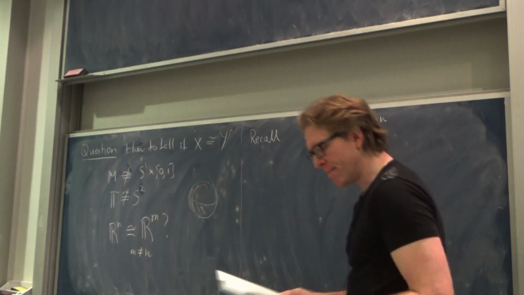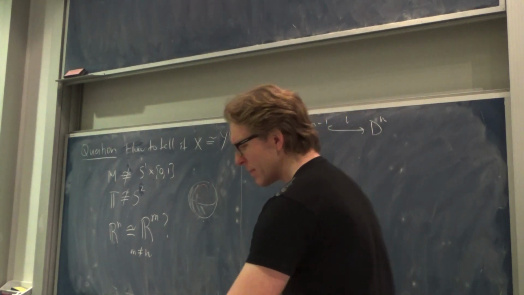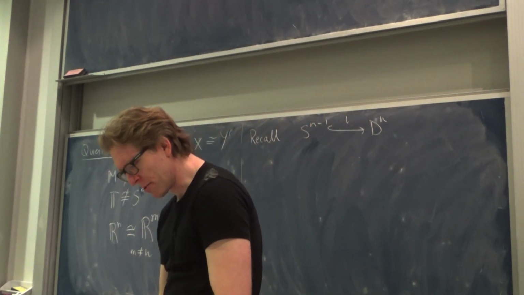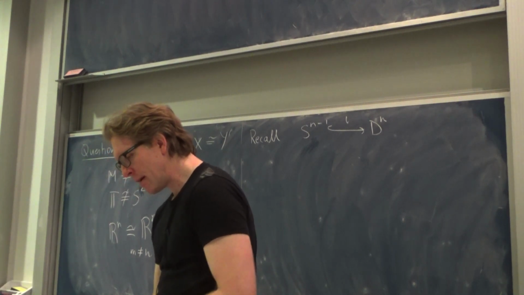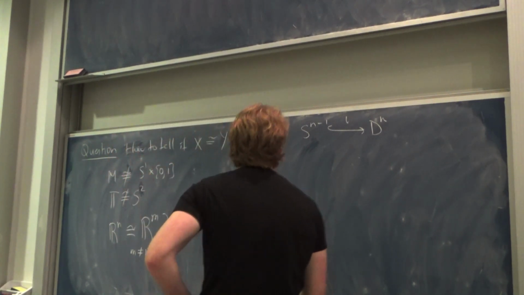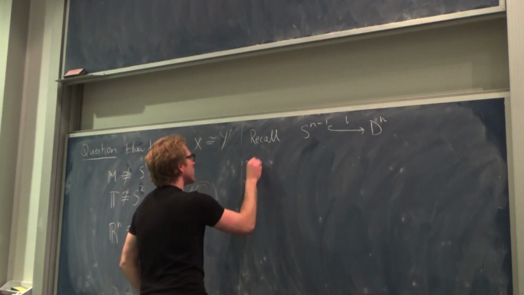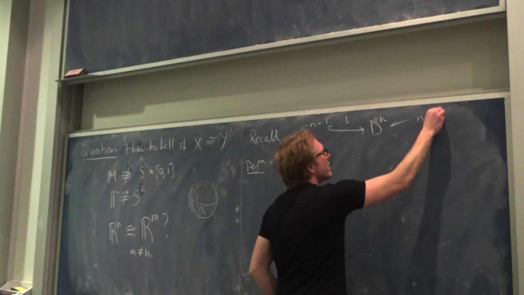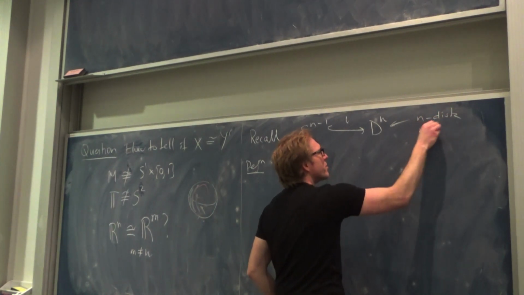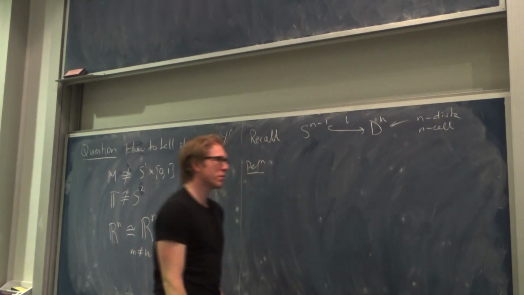Well, I defined them last time. So I discussed making a topological space out of a graph last time using pushouts. So this thing is called the n disk, or sometimes an n cell. All right, those are synonymous.